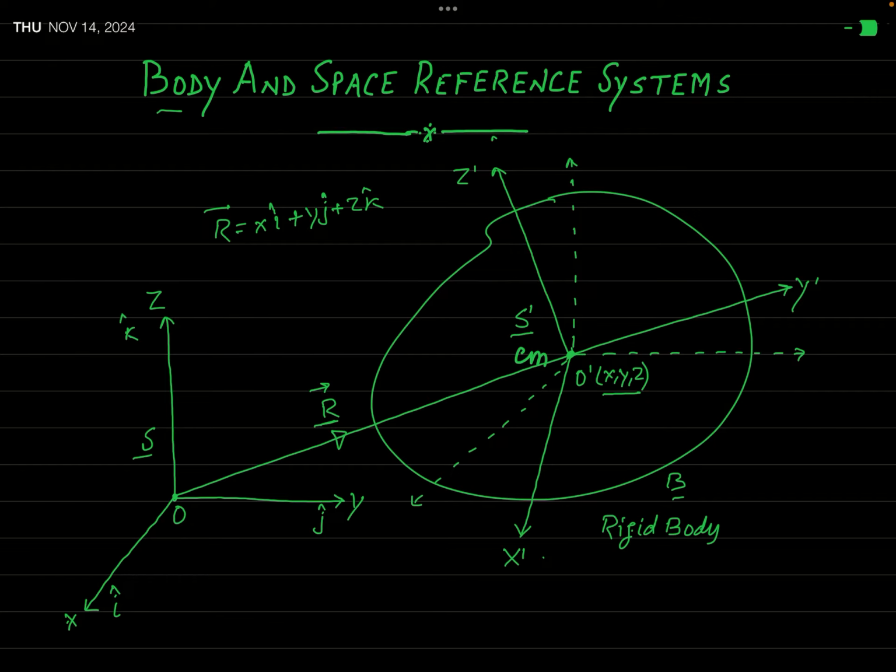In this way, you can represent the unit vector along the x prime direction as i prime, along the y prime direction as j prime, and along the z prime direction as k prime. These are the unit vectors along the coordinate axes of the body set of coordinate axes.